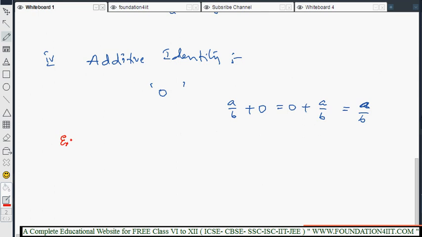For example, 2 by 3 plus 0 is 2 by 3 only, and 0 plus 2 by 3 is again 2 by 3. So 0 is the additive identity.